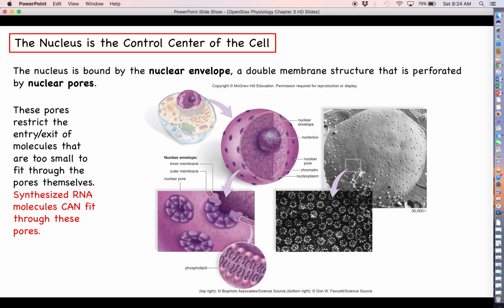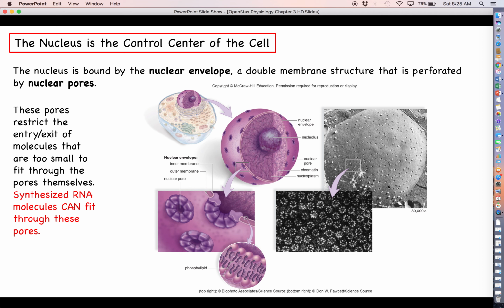So the nucleus is bound by a membrane structure called the nuclear envelope. We've already covered how this envelope is continuous with the ER. The nuclear envelope is perforated with nuclear pores. It's basically like Swiss cheese. These little pores allow access between the cytoplasm, all the stuff outside the nucleus, and the nucleoplasm, which is the fluid inside the nucleus.